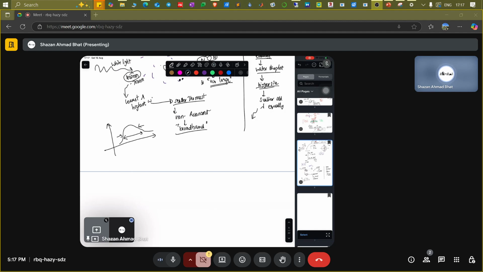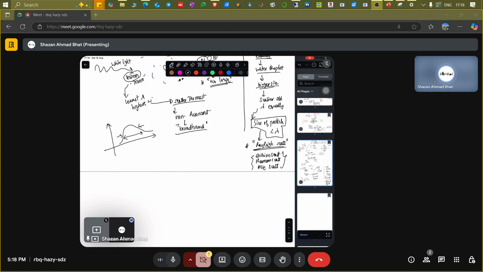And whenever, for example, the size of the particle is less than the wavelength, then that phenomenon is related to Rayleigh scattering. There are different scatterings: Rayleigh scattering, Brillouin scattering, which I talked about in the previous slides, Raman scattering, and Mie scattering.